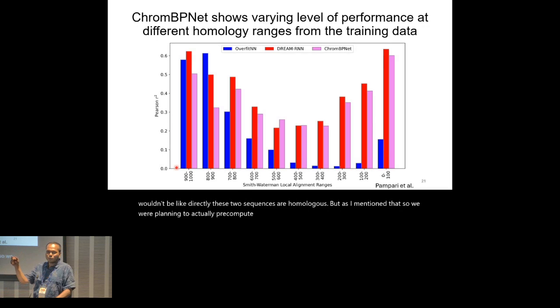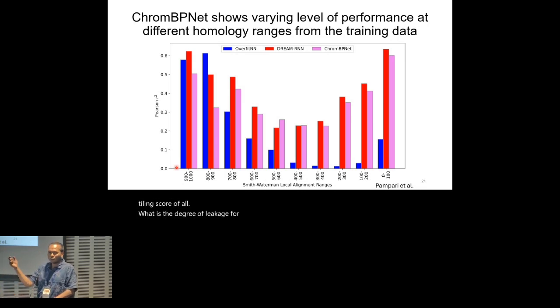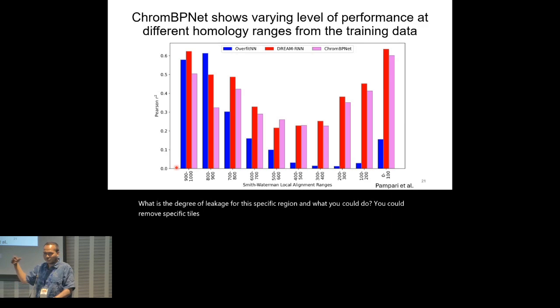The way we would do it is to bin the genome into, let's say, 1,000 base pair tiles, and for a 500 kb region you will have a tiling score of the degree of leakage for this specific region. And what you could do is remove specific tiles during model evaluation when you report your Pearson R on the test set.